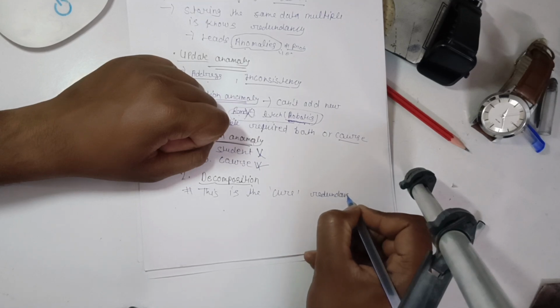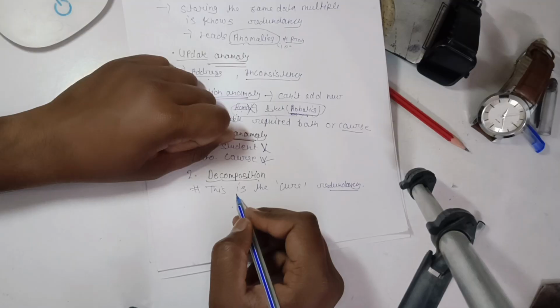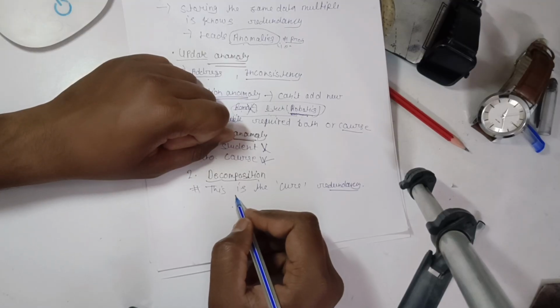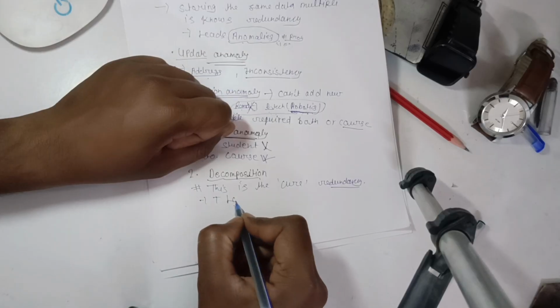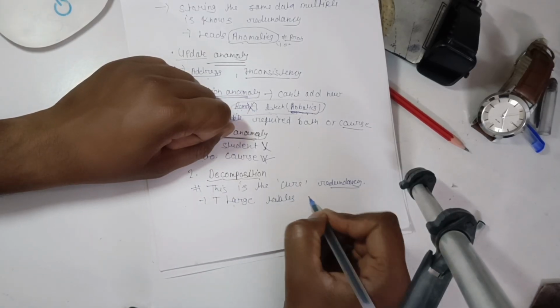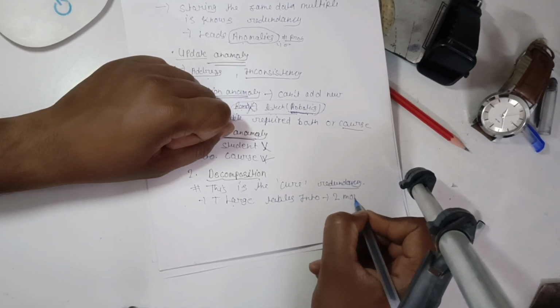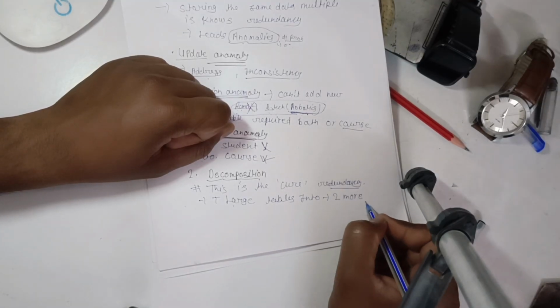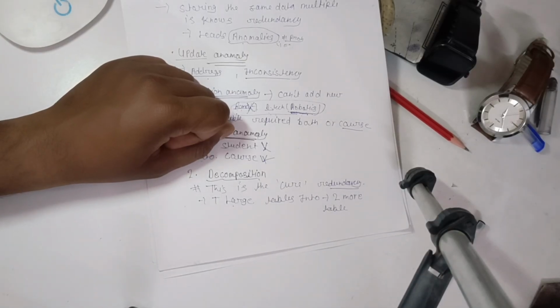So it means breaking one large messy table into two or more smaller cleaner tables. Okay, simple: large tables into two or more than two tables.